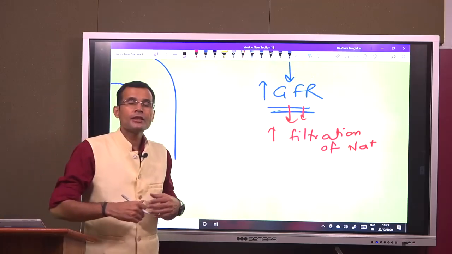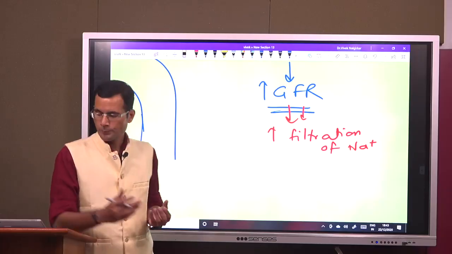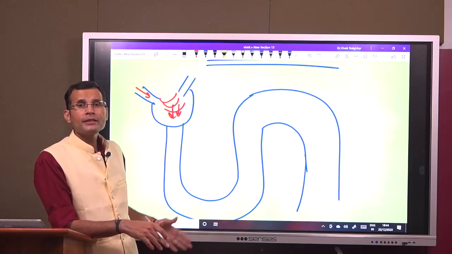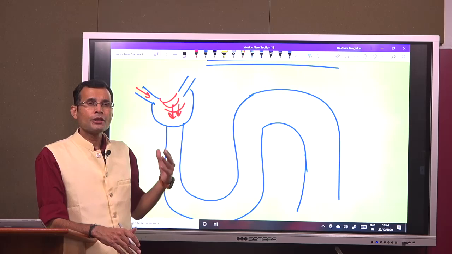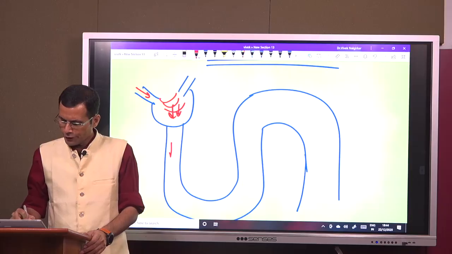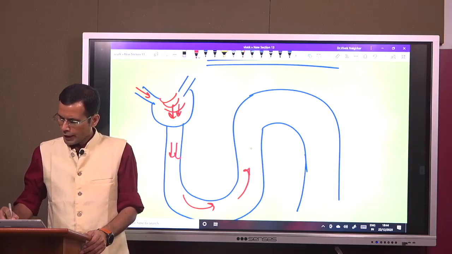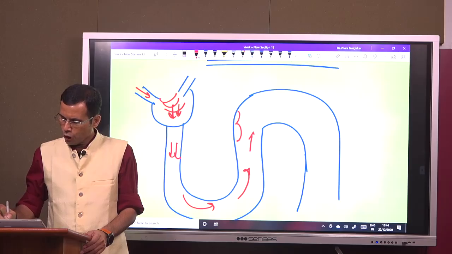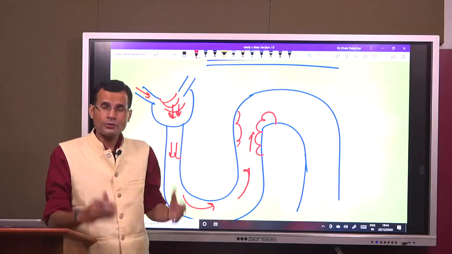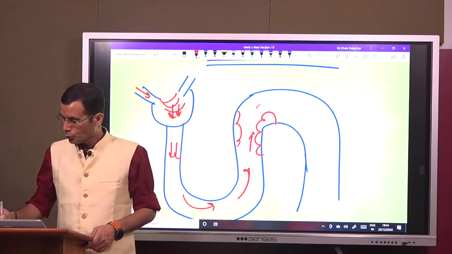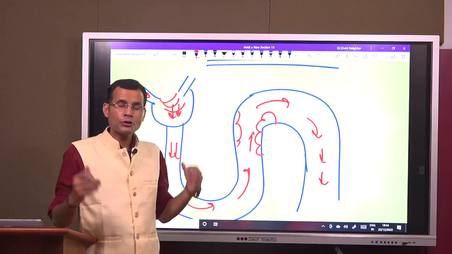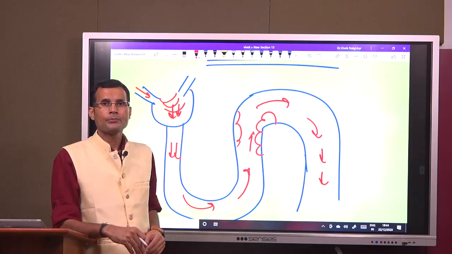And if there is increased filtration of sodium, it will be reabsorbed from the PCT. But imagine that there is increased flow of tubular fluids and a lot of sodium has got filtered and it has come to the distal nephron. Now there is a real possibility that this sodium might be lost into the urine because it could not be adequately reabsorbed.